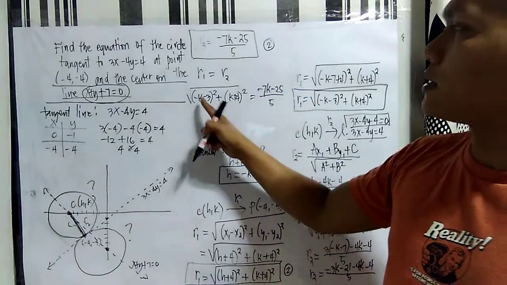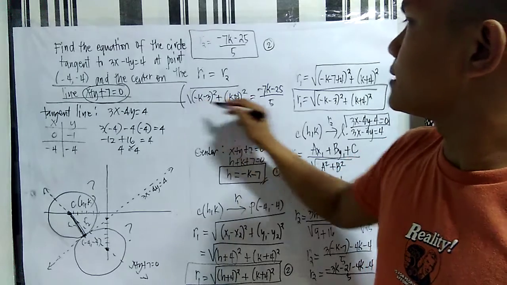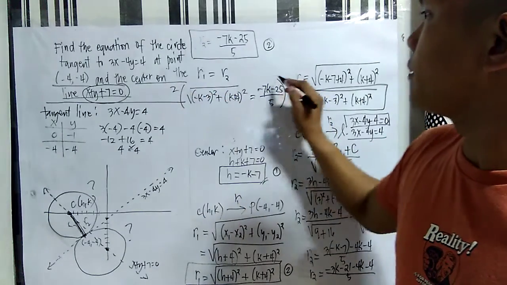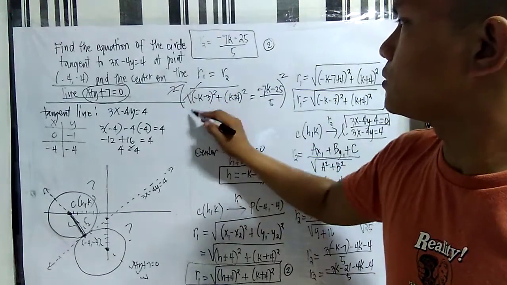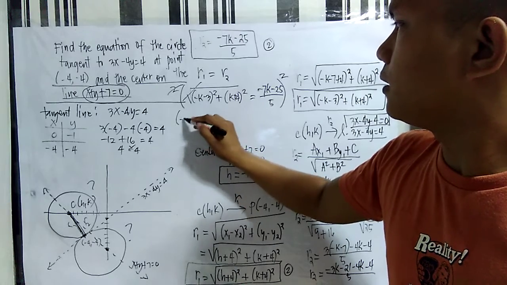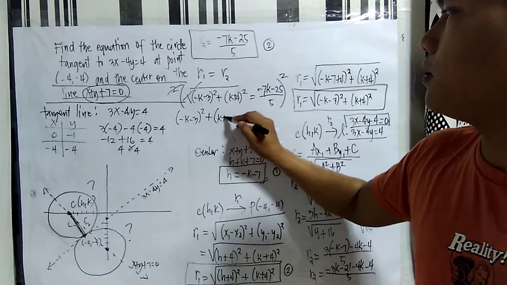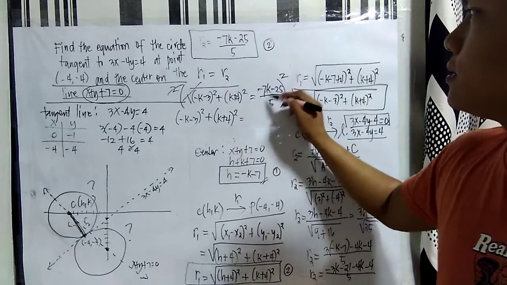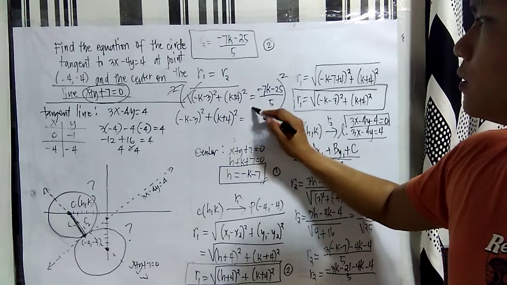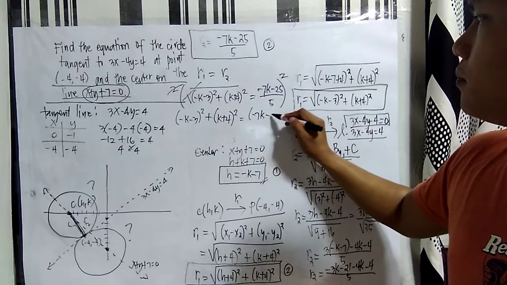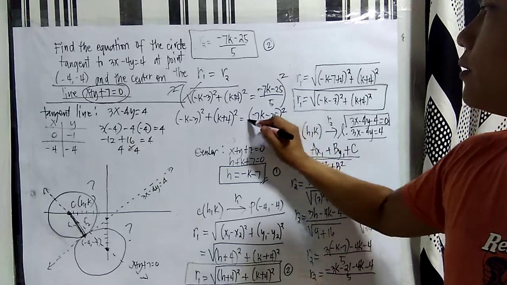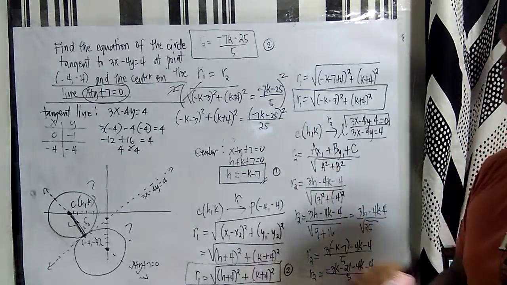Let us square both sides para matanggalan natin itong radical sign. Squaring both sides, we have negative k minus 3 square plus k plus 4 square equals negative 7k minus 25 square all over 25.